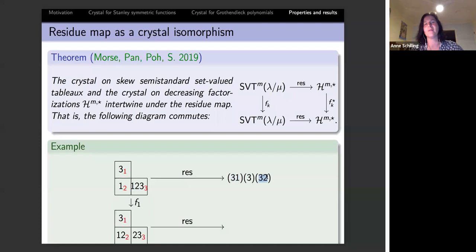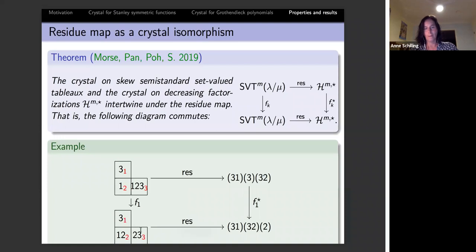So this was the residue map that I already had last time for usual tableau, but it's very easy to upgrade this to set value tableau. And the claim of the theorem is that, well, if we do the Monical Pechenik Scrimshaw crystal on the set value tableau, which basically would change this 1, 1, 2, 3 into 1, 2, 2, 3, then this will intertwine with the residue map.